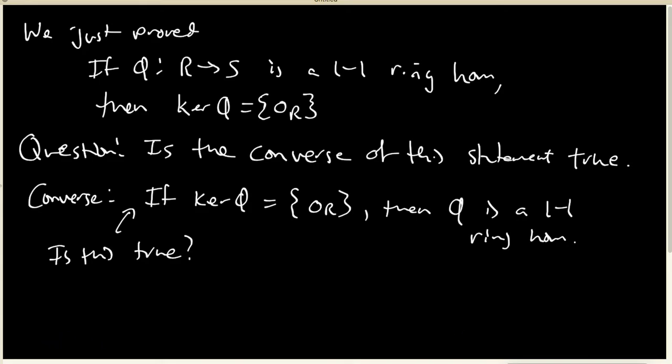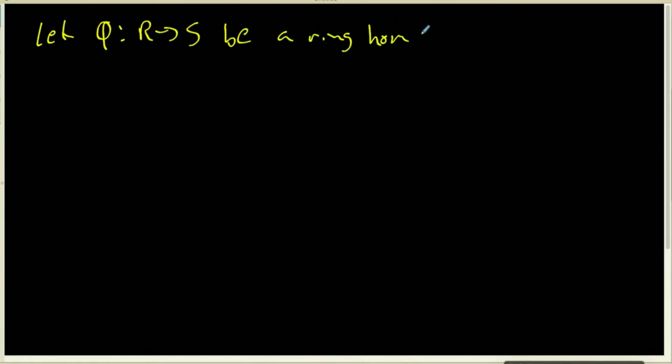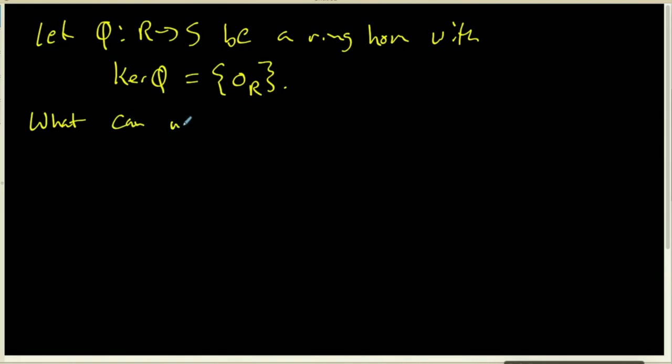And the way we're going to investigate that is we're going to set up the situation as follows. We're going to let phi be a ring homomorphism, and all we know about this ring homomorphism is that we're assuming that the kernel of this ring homomorphism is nothing except the zero element inside the ring R. And I want to think about what we can say about phi.